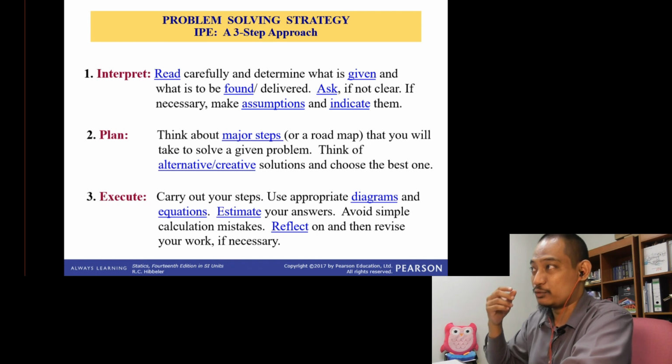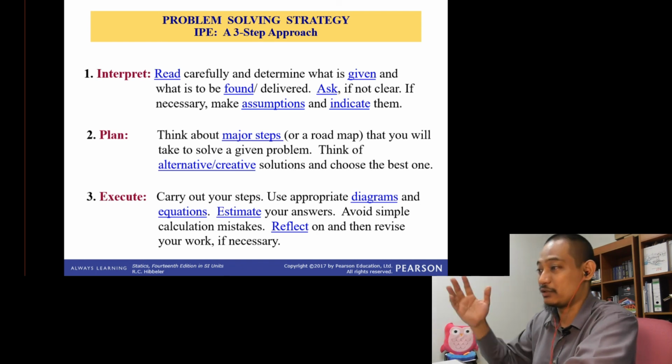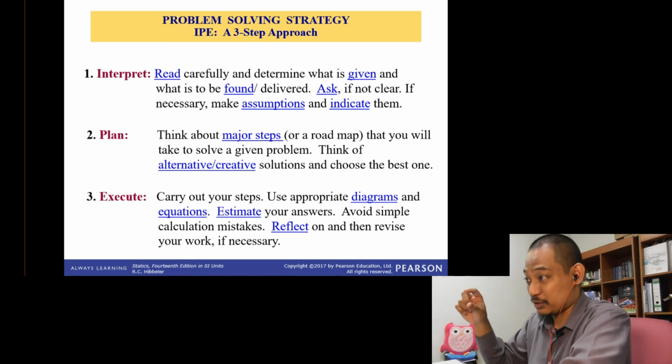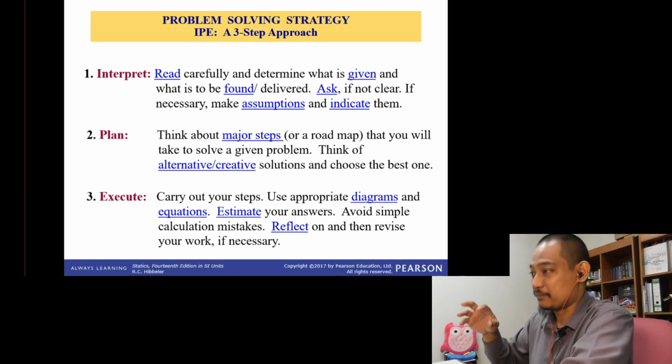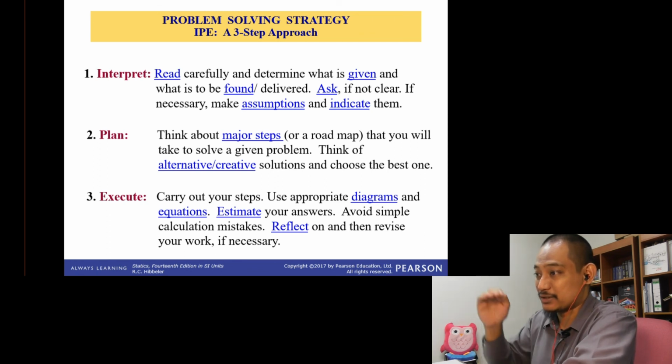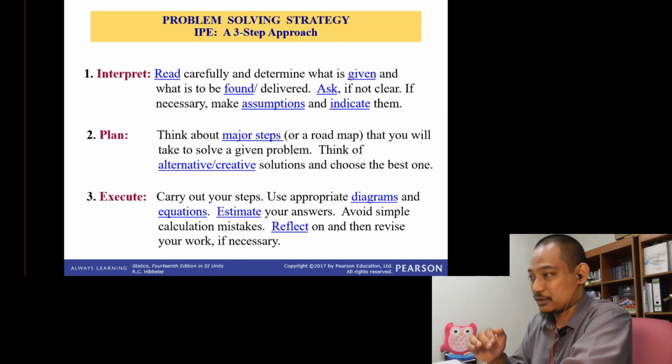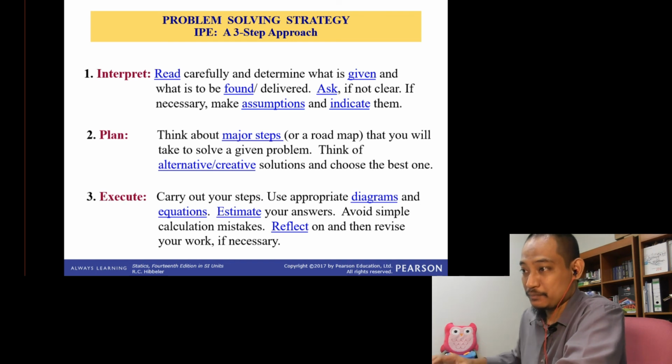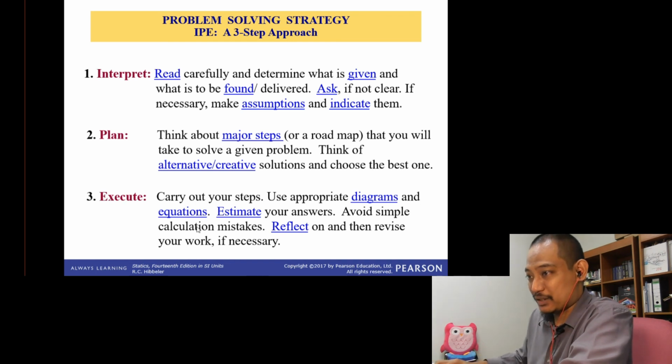So if you do not draw your diagram, you lose a lot of marks. If you do not state your equation, you just straight away calculate, you lose a lot of marks. So make sure you do not skip steps, because we want to give marks to all the steps to see whether you are using the correct steps, etc. Right? Avoid simple calculation mistakes. Reflect on and then revise your work if necessary.